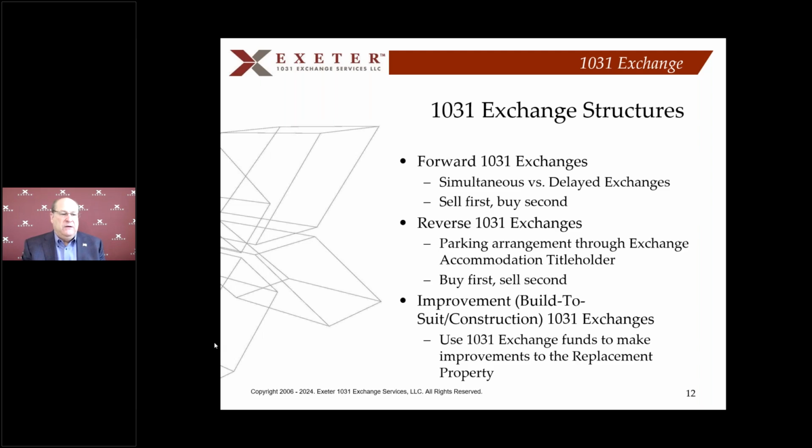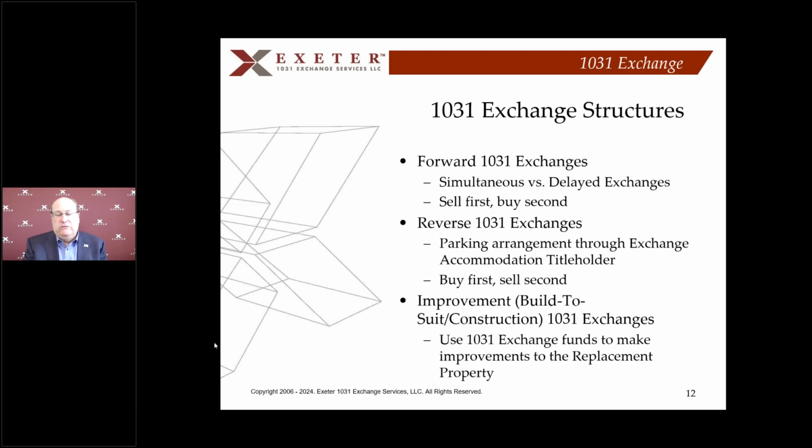So the bottom line is, if you have the ability to do that, it could be a great strategy in difficult markets like today, but it does complicate the process quite a bit. If you want more information on a reverse exchange, we've got a couple of reverse exchange webinars coming up where we can talk about that in more detail, or you can just give us a call. We'll walk through your scenario and see if it's a good fit.